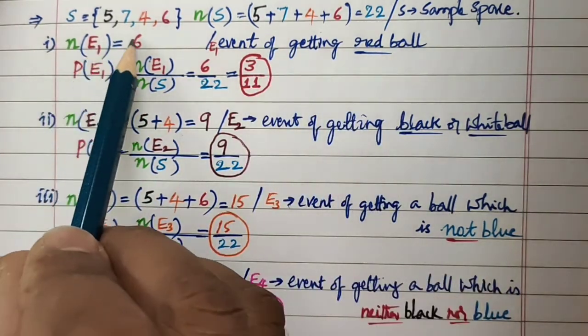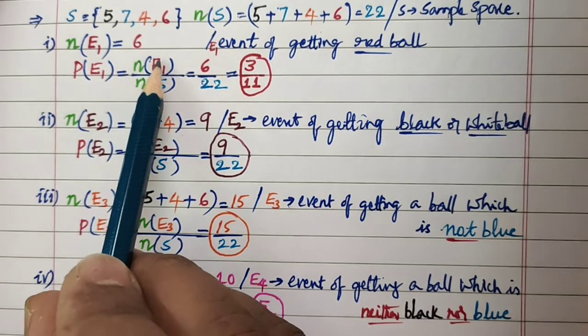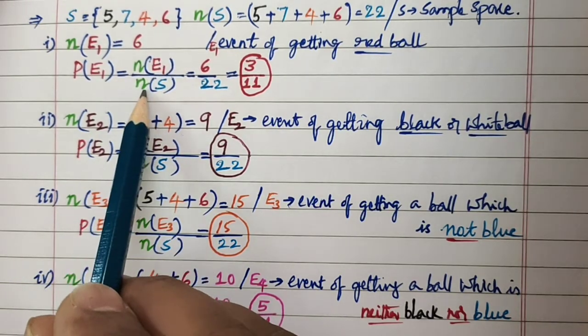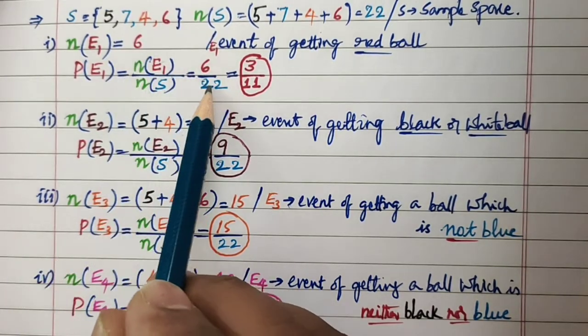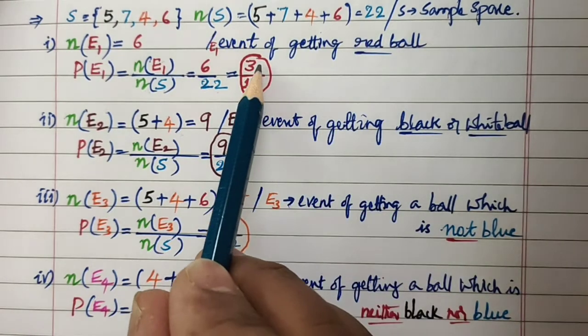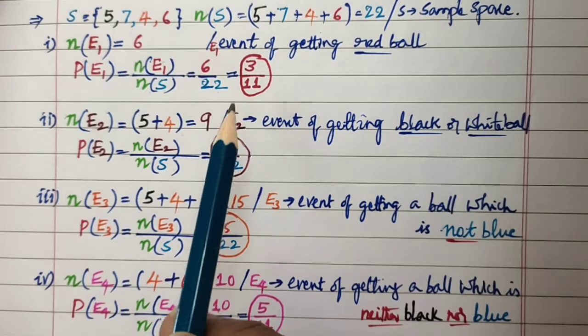Therefore, the number of red balls is 6. Probability of getting a red ball is n of E1 divided by n of S. n of E1 is 6, n of S is 22, that is 3 by 11. This is the probability of getting a red ball.